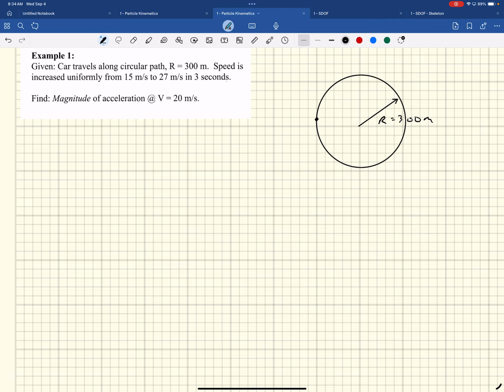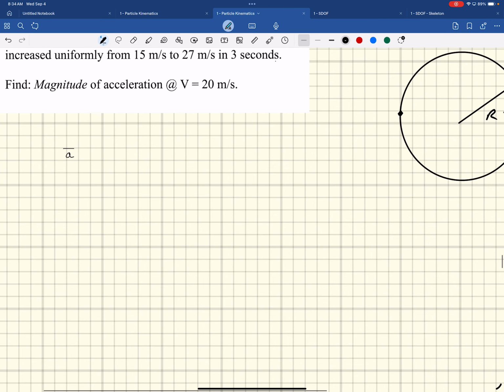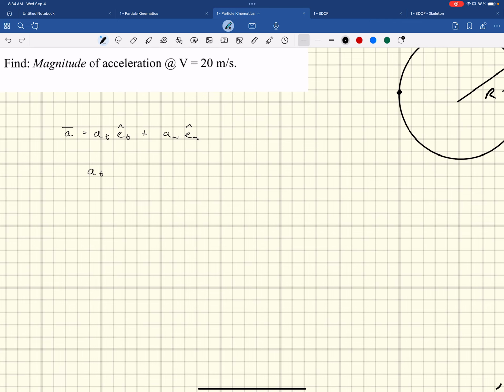So let's just write down what the acceleration term is. For something that's traveling in a circle, my acceleration is going to be AT in the ET direction plus AN in the EN direction. My AT is just dV/dt. With a constant acceleration, it's just the change in velocity over the change in time.